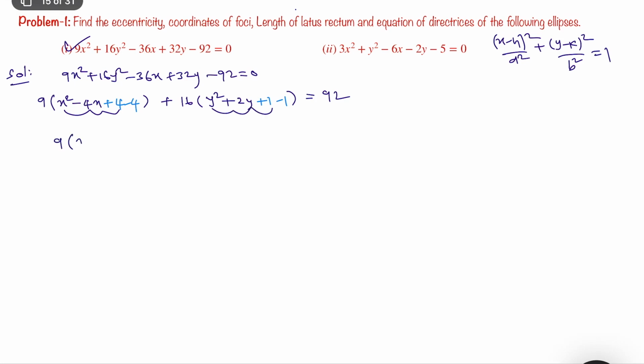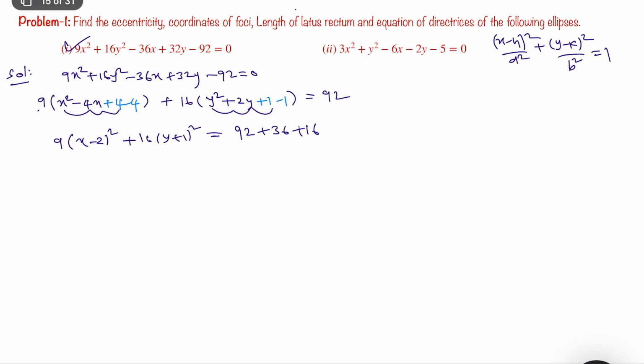So 9 times x minus 2 whole square plus 16 times y plus 1 whole square. Here 9 times minus 4 is minus 36, 16 times minus 1 is minus 16. If I take them to the right side, then I will write 92 plus 36 plus 16.